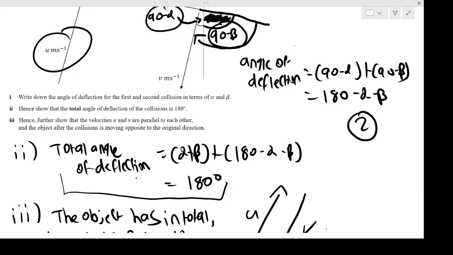So you want to calculate the angle deflection for both the collisions, and hopefully you should get 180 degrees. In that case, it has to be flipped in the opposite direction, so it would be moving opposite. Okay. But there we are. So I thought I'd go over that explicitly now before we look at some questions.